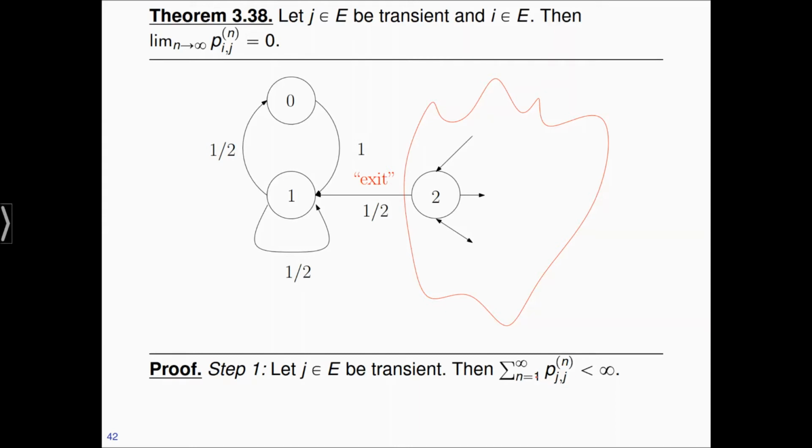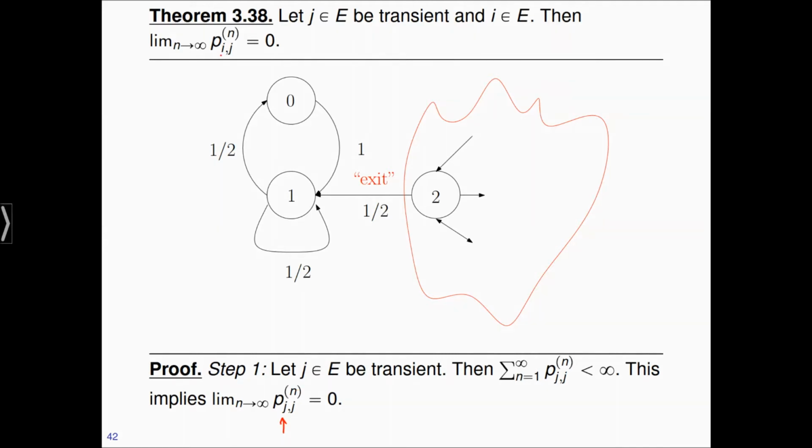This is the criterion for transience and recurrence: in the transient case these sums are finite, in the recurrent case they are infinite. This implies that the terms you sum up tend to 0, because otherwise it would not be summable. So P_jj^n tends to 0 when n tends to infinity. When you start at j, the probability to return to j after n steps tends to 0.